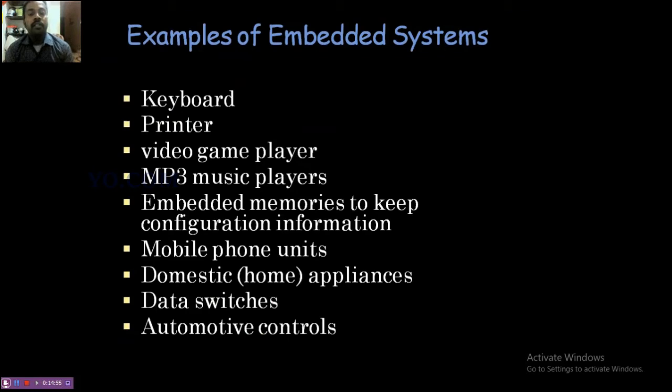When the printer is moving upward and downward, it controls the stepper motor inside the printer. Then video game player, MP3 music player, embedded memories to keep configuration information, mobile phone units, domestic applications, data switches, automotive controls. These all are some examples of embedded systems.